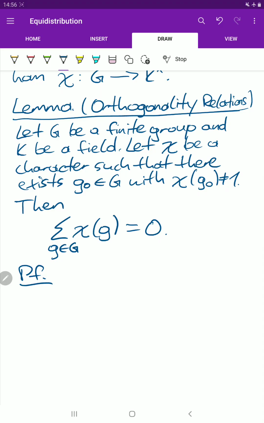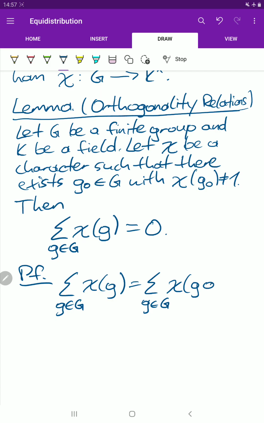So, well, let's start simple with, let's have a look at the sum. Okay, we can write the sum differently. Namely, we can write the sum as a sum over G in G, and then we can sum instead over chi of G times G0.